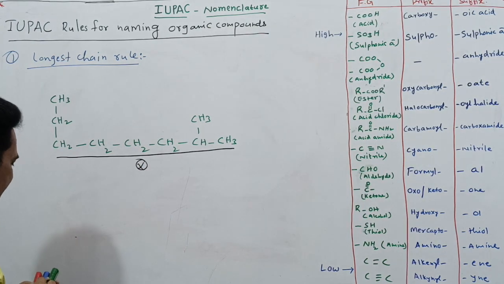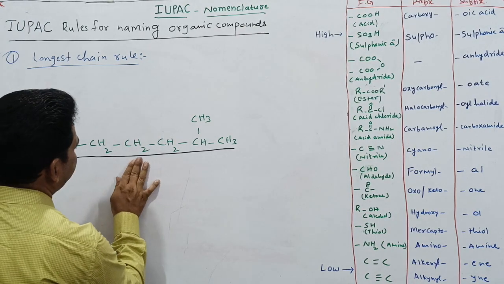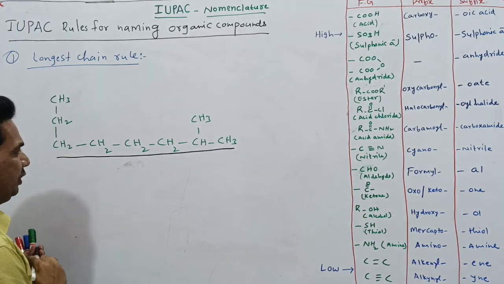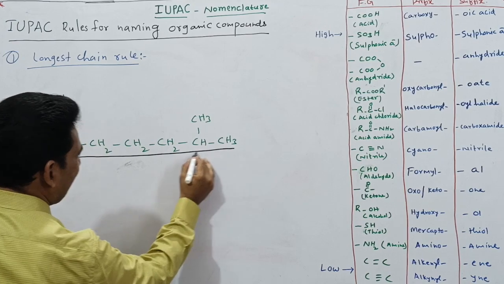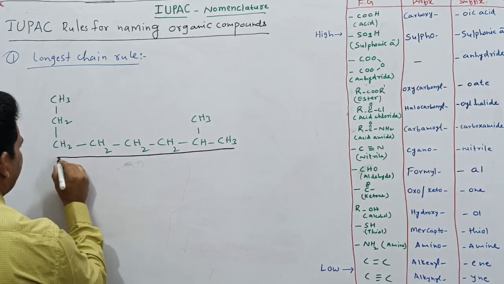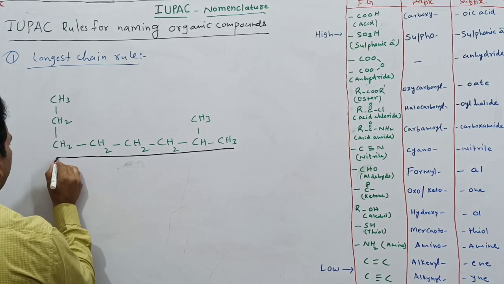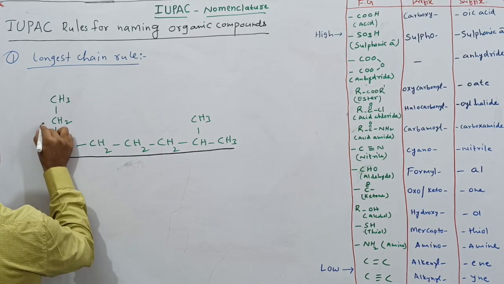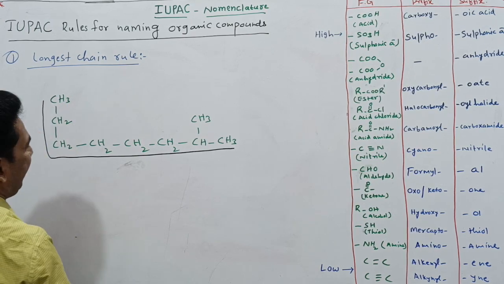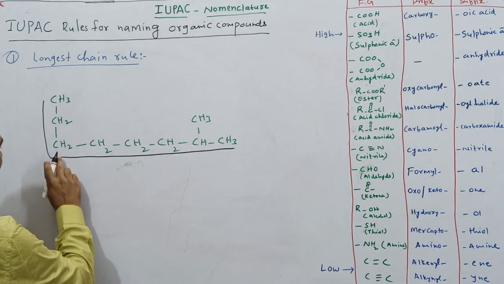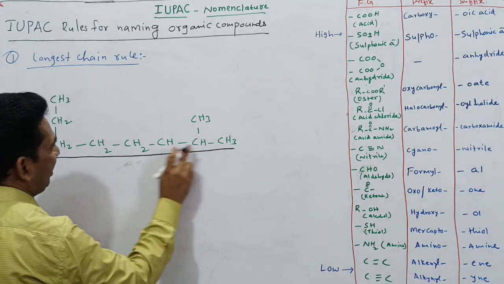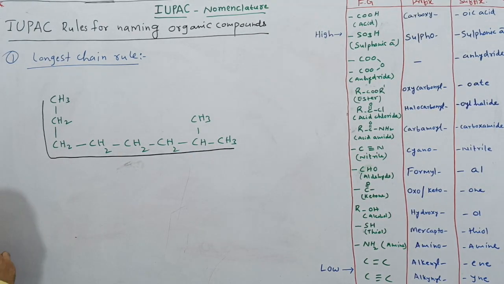Then how do we select the longest chain here? Whatever the longest chain is, it should have the more number of carbons, irrespective of the straight carbon atoms. Straight carbon atoms means the straight chain would be only from here to here.